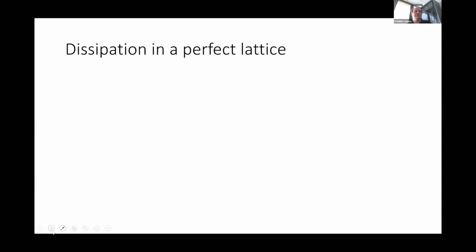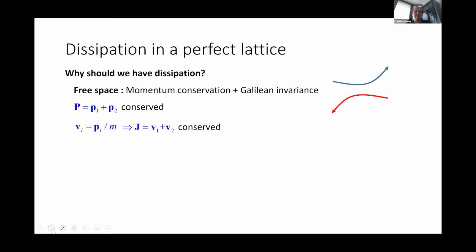The fact that you can have some decay, some dissipation, because if you start even for a very strongly correlated system, but in free space, meaning that you have global momentum conservation and Galilean invariance of your system, if you try to measure the conductivity, it's a bit pointless, because you apply a force to all the atoms, and it's going to be the same force. Essentially what you're going to have is that the center of mass of your cloud will just accelerate as if it was only a single particle.